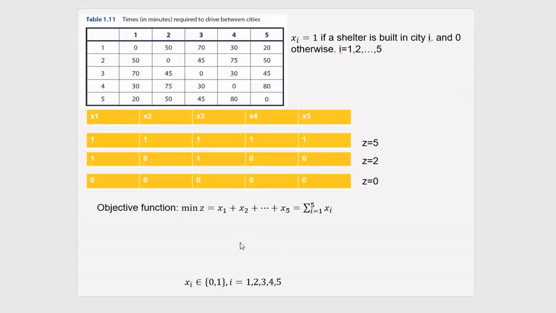How do I formulate that? How do I ensure that there is a shelter 60 minutes or less from each city?